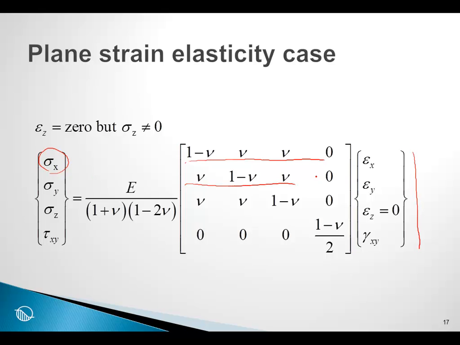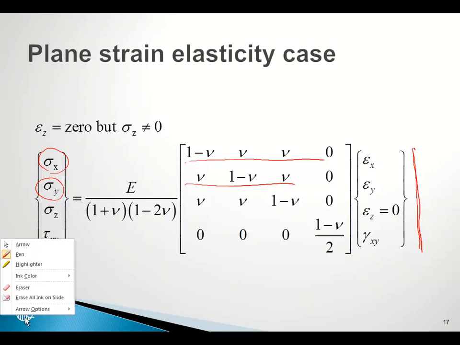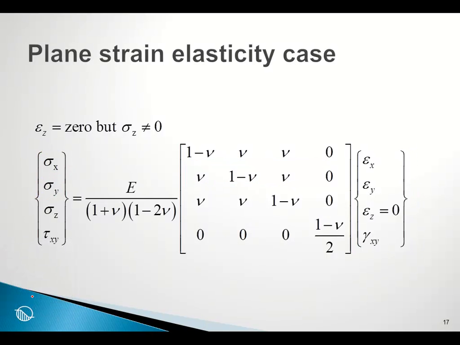The second row times this vector gives us the stress in the y direction, and so forth. What is important to realize here is that in a plane strain case, the strain in the Z direction is 0, so this value in the strain vector or strain tensor is set to 0.